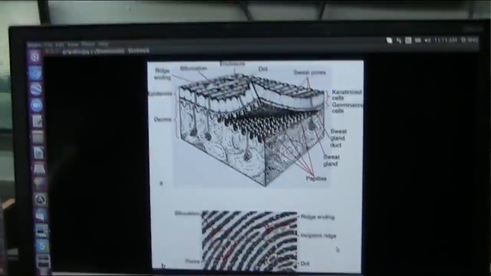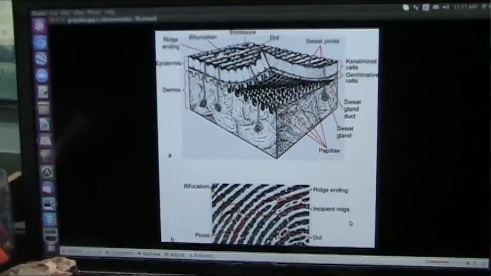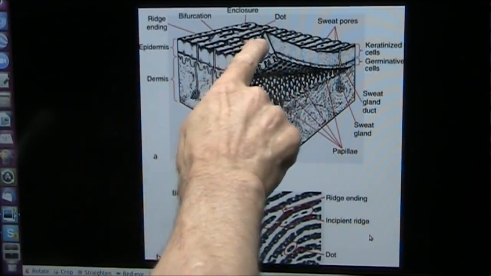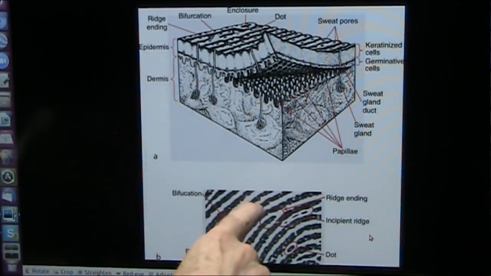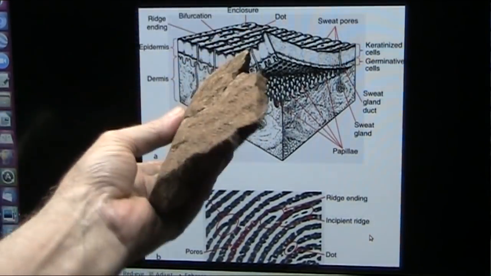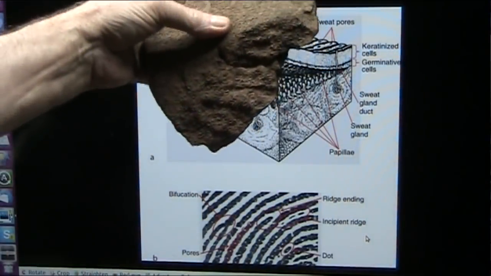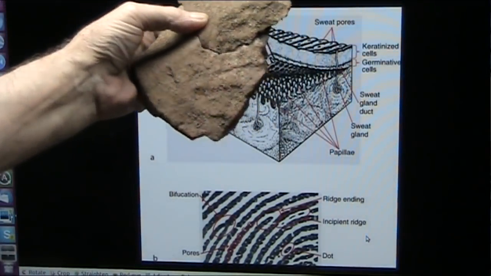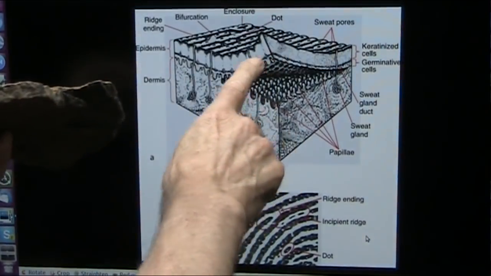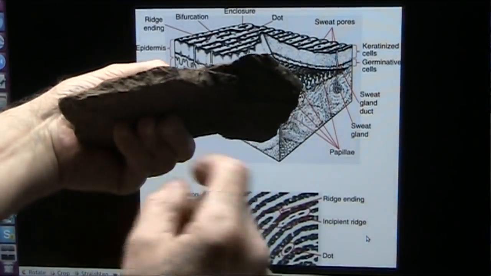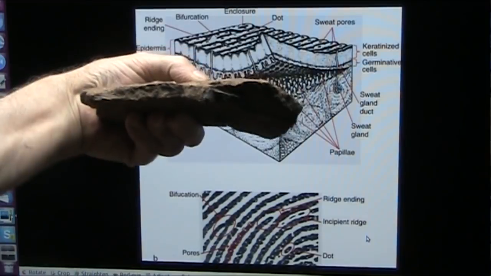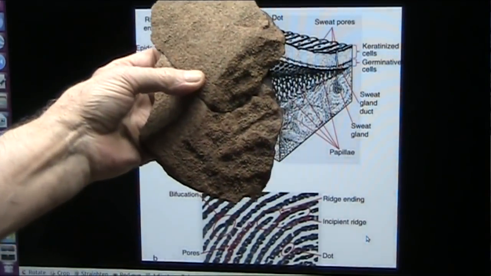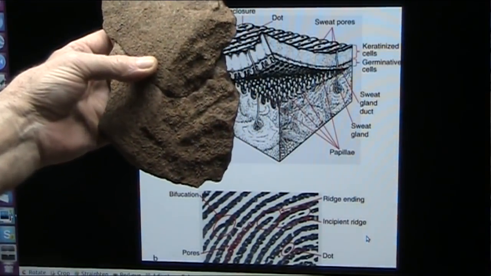Well, there they are right there. What can I say? All right, that's grip skin. This right here is literally the exact same thing ripped off of that fossilized, gigantic, enormous fingerprint.